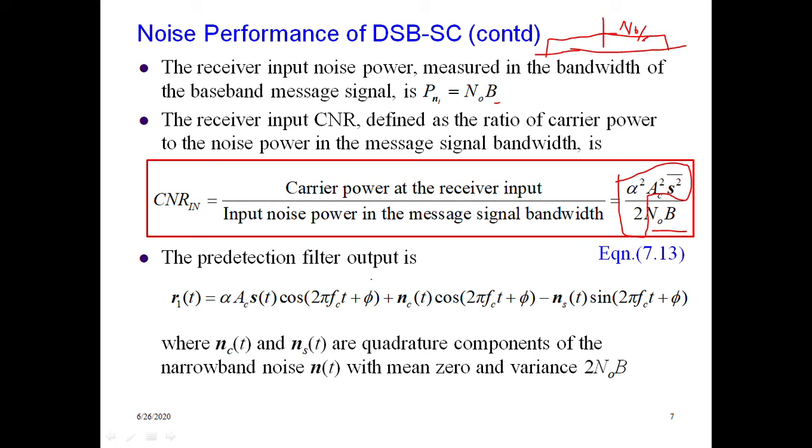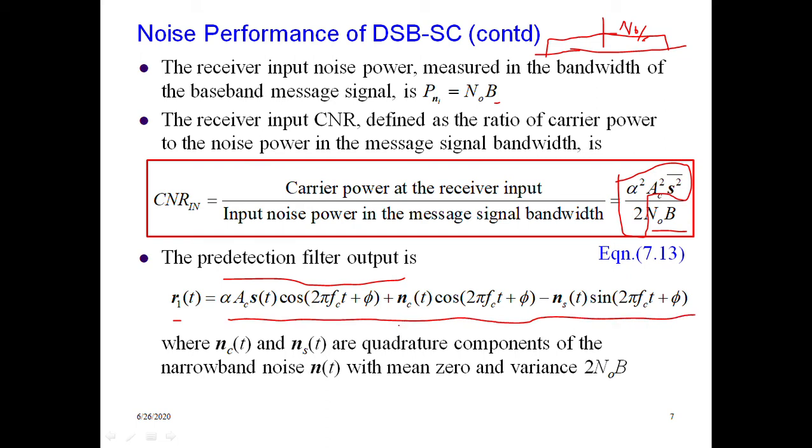At the pre-detection filter output, R1T, remember we have RT and R1T. So this R1T is after the filter. When we do the filtering, remember at chapter 6, they also remind us about the narrowband noise.